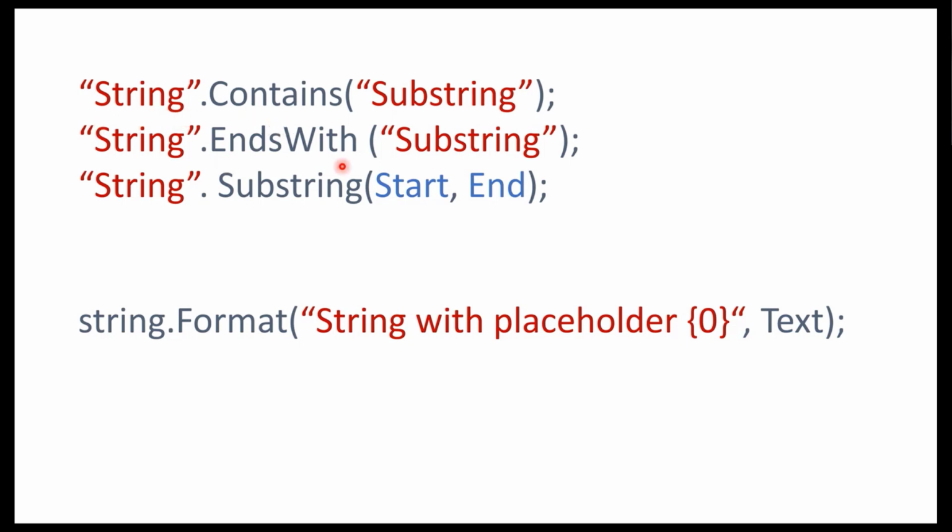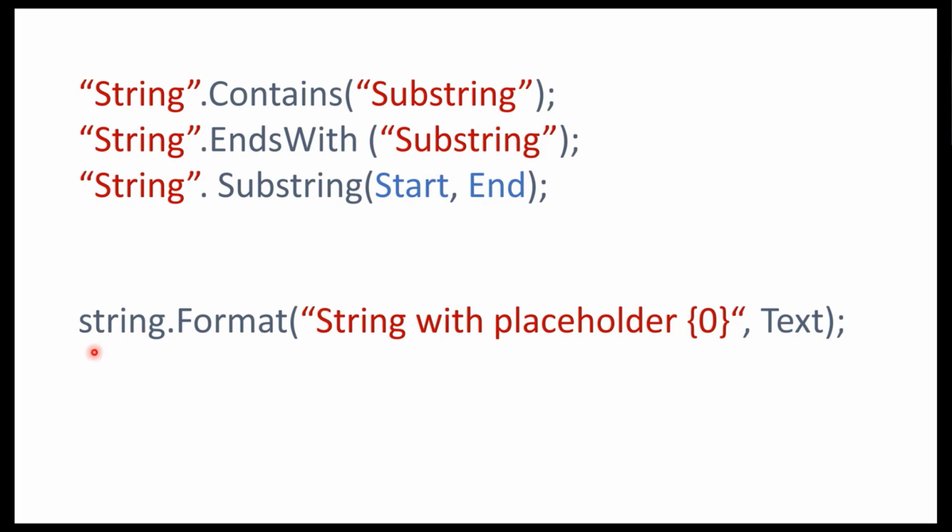Ends with is similar to contains. It just looks up if the substring is on the end of the string. And then we have the function substring, where you just give the start and the end, and it gives you a substring from the start to the end. So if I say from 0 to 2, I probably get 3 characters here.